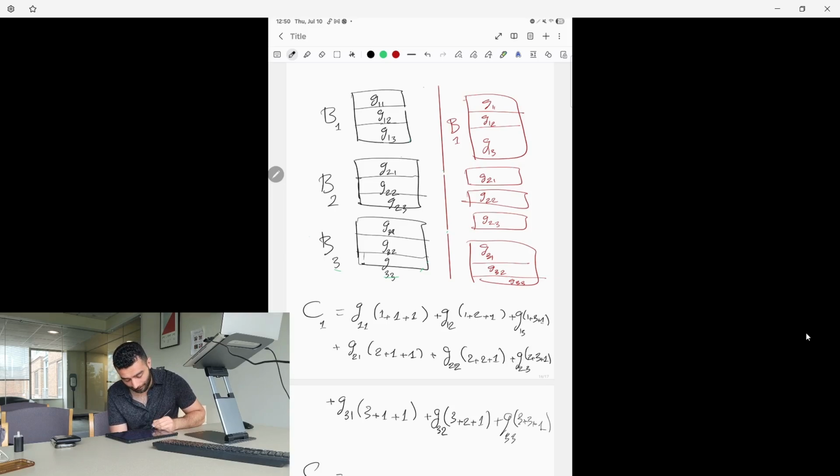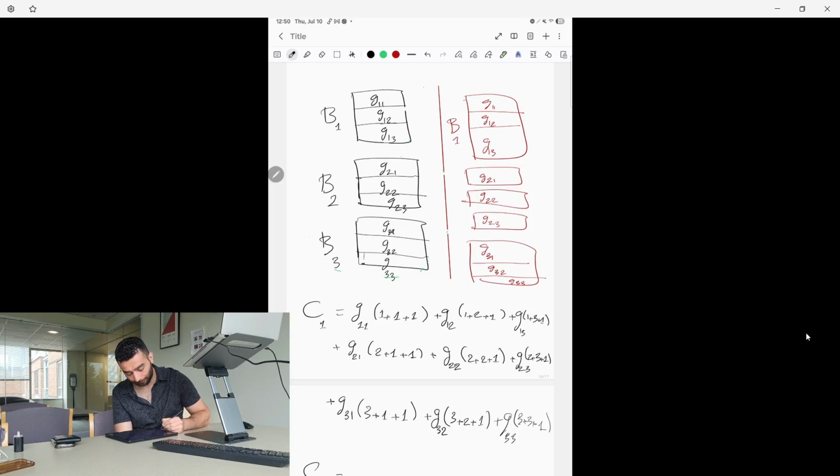G21 now will be 2 plus, well, here we had 1 because it was in the second layer in the first position. We lose 1 1, and we also lose 1 for layer. That's it, just 2 plus 0.